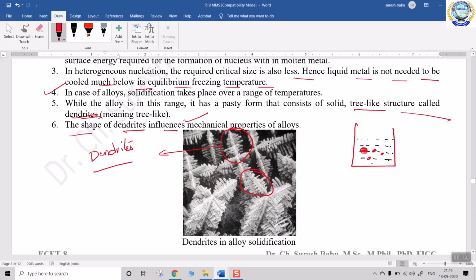In heterogeneous nucleation, nucleation can be easily started upon the surface of the impurity or by touching the surface of the container. So, the freezing or formation of a solid from the liquid state is very fast in case of impure metals when compared with pure metals.